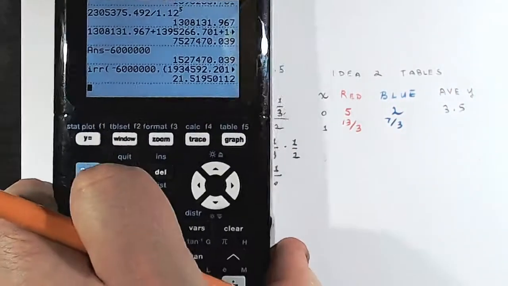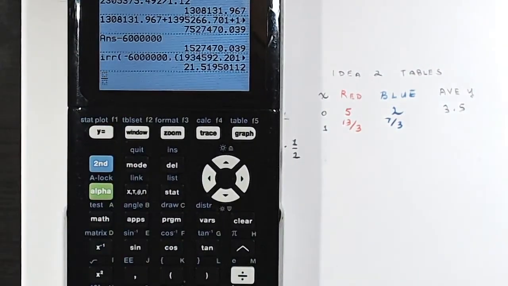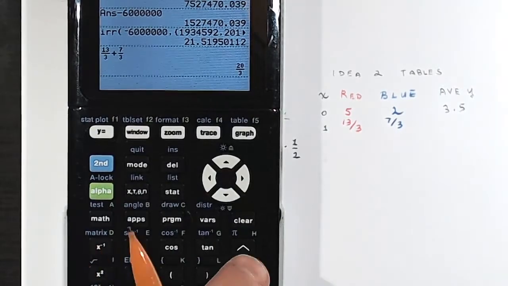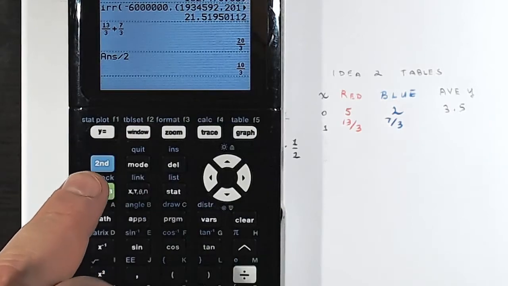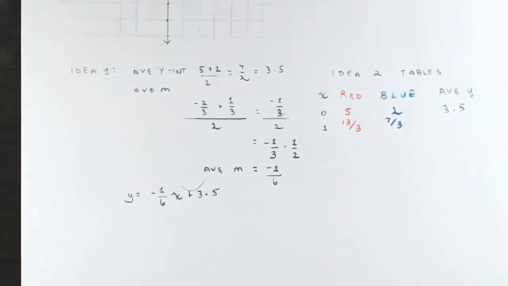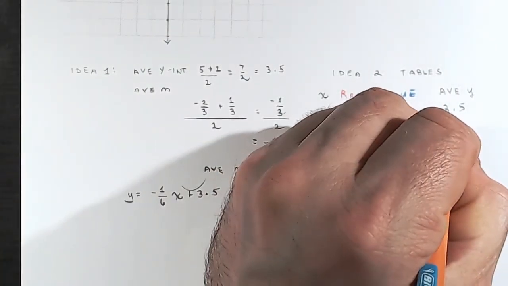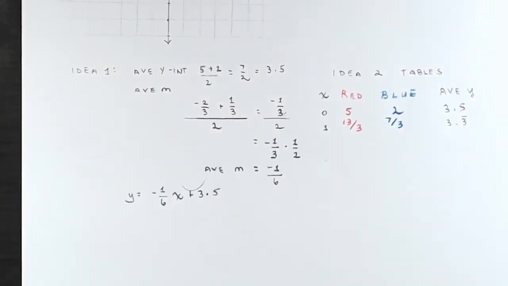And then let's average 13/3 and 7/3. 13/3 plus 7/3 divided by 2. 10/3. And if I hit math, decimal, enter, I get 3 1/3, 3.3 repeating. Okay. Don't really like that value because it would be hard to plot.